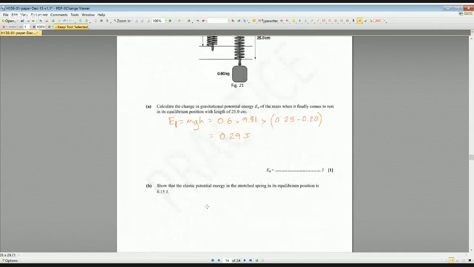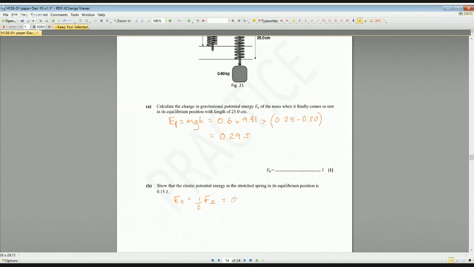And part B, we need to show that the elastic potential energy in the stretched spring is 0.15 joules. So the equation for elastic potential energy, there's two equations on your formula sheet. This one is that half Fx is equal to the elastic potential energy.